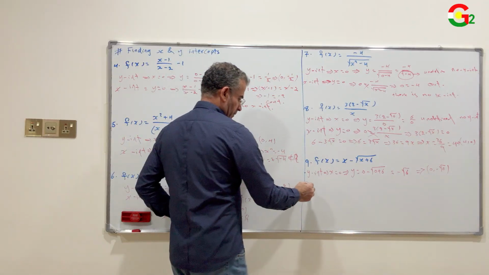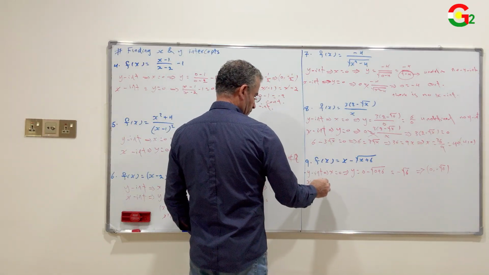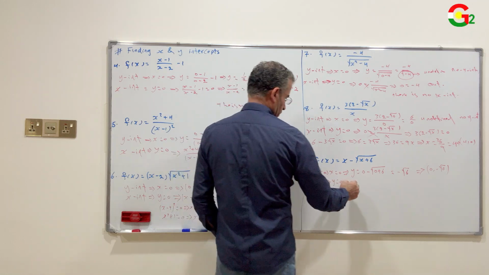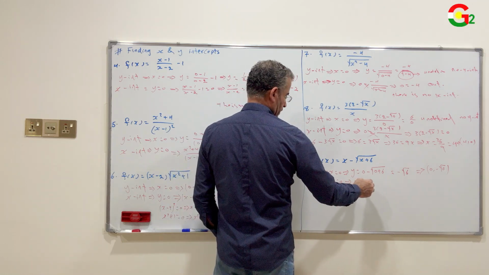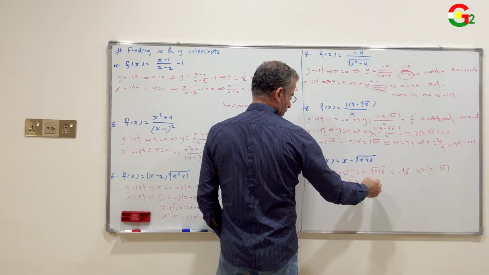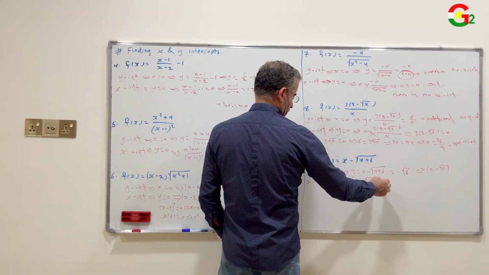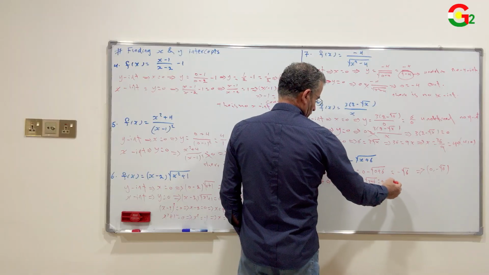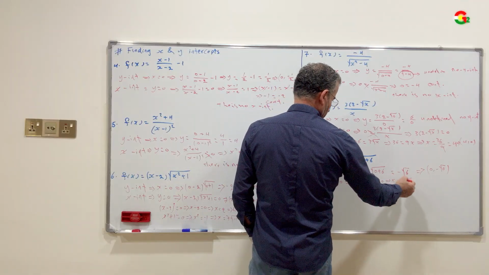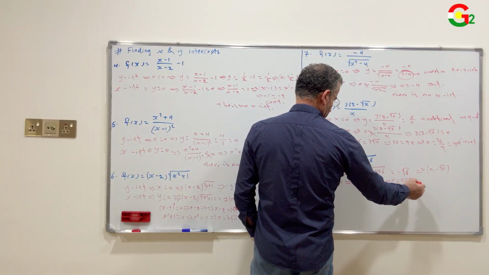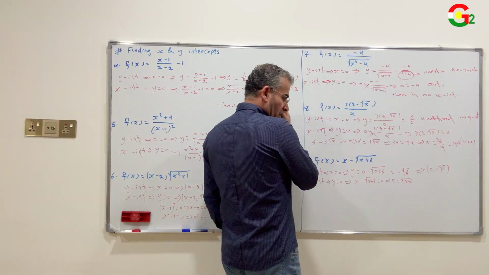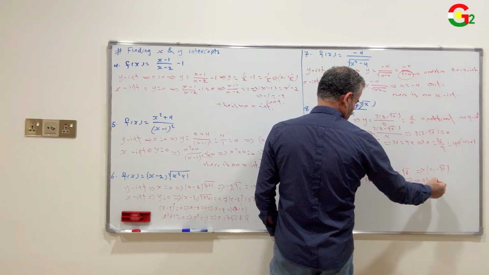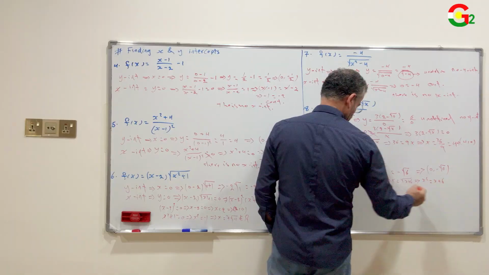For x-intercept, we set y equals 0 and solve the equation x minus the square root of x plus 6 equals 0. Then x equals the square root of x plus 6. Square both sides. Then x power 2 equals x plus 6.